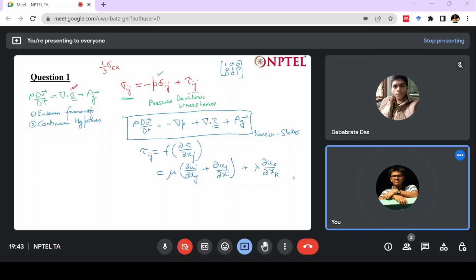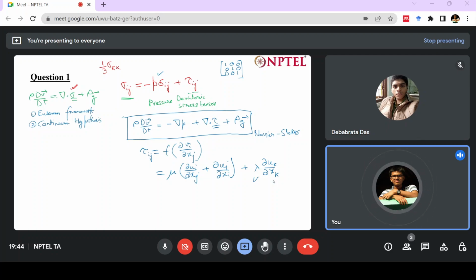Okay. So here we have this mu, which is our usual dynamic viscosity, and there is also lambda, which is the volumetric viscosity. From our previous class you can understand that if we write down the components of the velocity gradient tensor, this lambda takes the effects of the diagonals of the velocity gradient tensor.